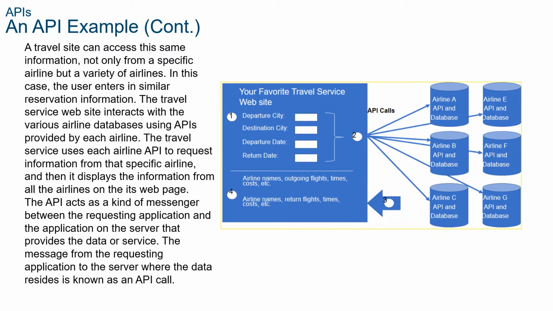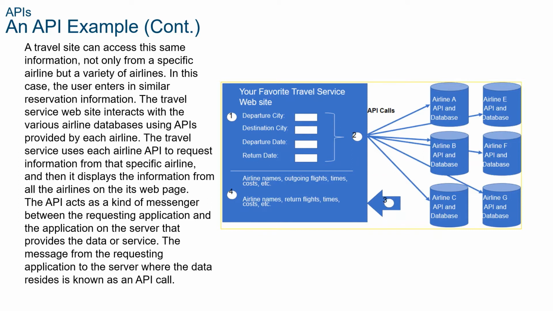Now, instead of using an individual airline website, which has direct access to its own information, there is a second option. Users can use a travel site to access the same information, not only from the specific airline, but from a variety of airlines. In this case, the user enters similar reservation information.